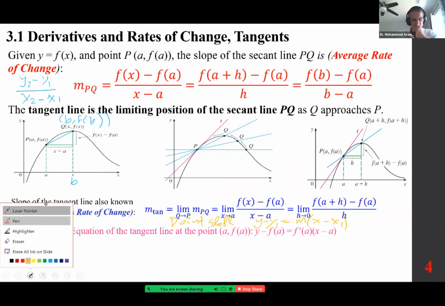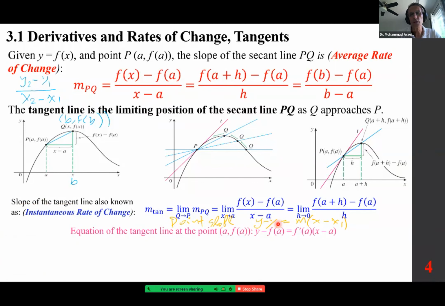In this case, y sub 1 is f of a. You're looking at this pair, a and f of a. So y sub 1 is f of a, m is f prime of a, and x sub 1 is a. It's the same thing. You don't have to really memorize much.